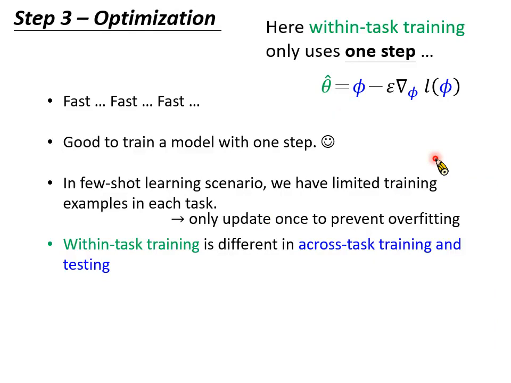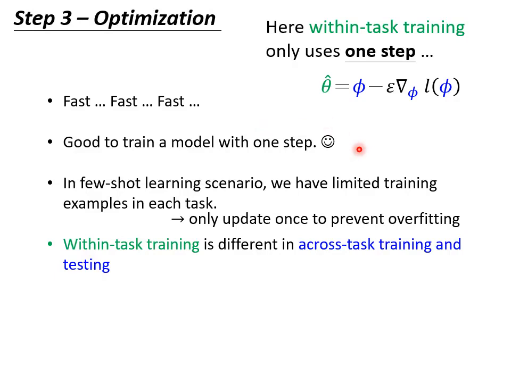Here, I would like to give you some reasons why one-step training is necessary. The first reason is, as I have mentioned, within-task training will be applied many times in across-task training. So minimizing the computation needed in within-task training is very important.